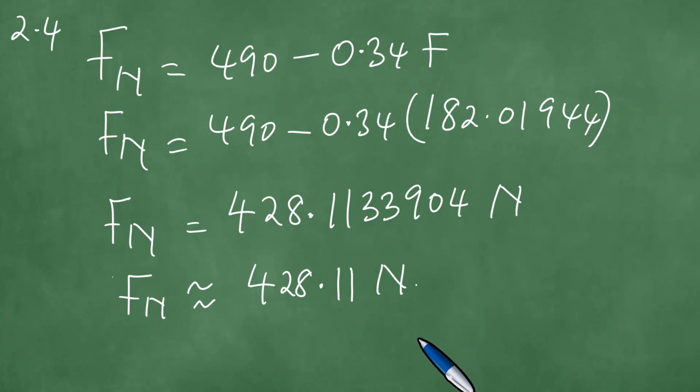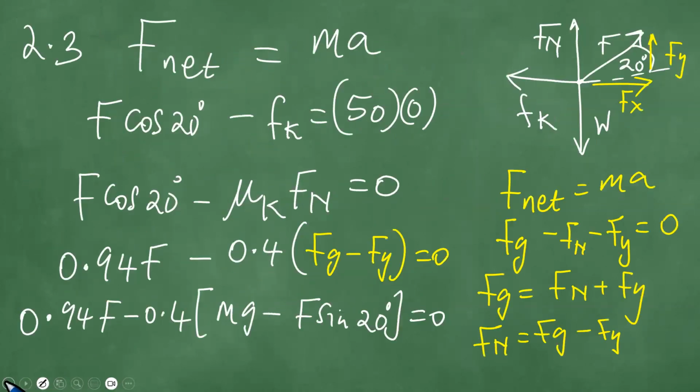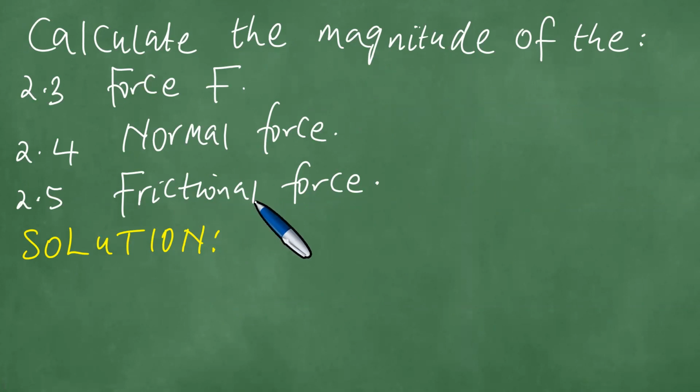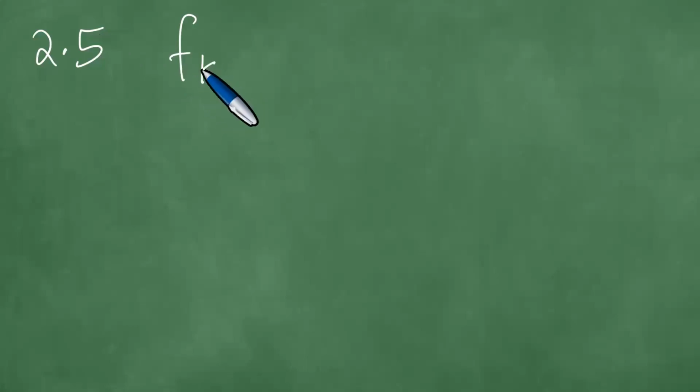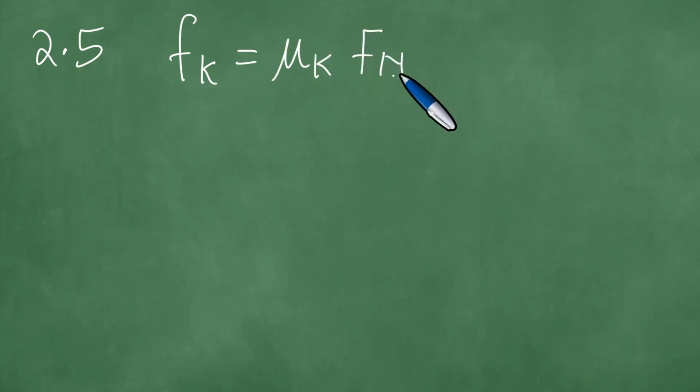Right, now let's look at 2.5. We need now the frictional force. Let's calculate the frictional force, which is F sub K, which is mu K times the normal force.